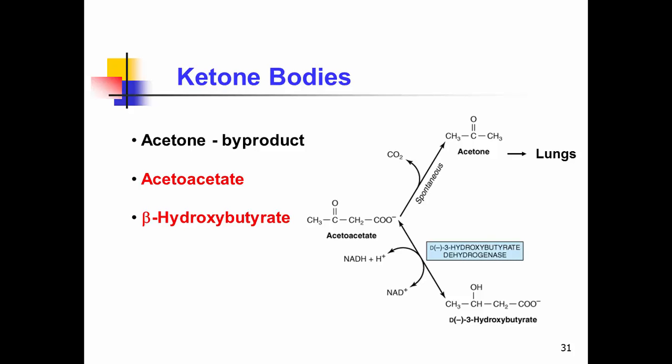Ketone bodies are actually three compounds. Acetoacetate and beta-hydroxybutyrate are the two common ketone bodies in the body, and acetone is actually a side product. For example, acetoacetate can spontaneously decarboxylate to acetone. Acetone can be excreted through the lungs, and that causes a special smell.